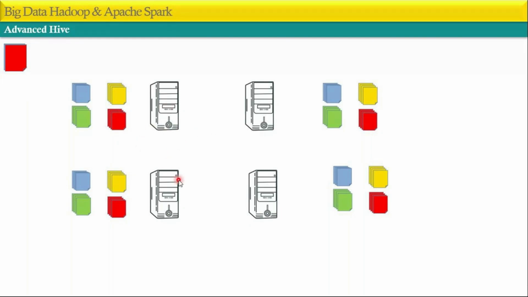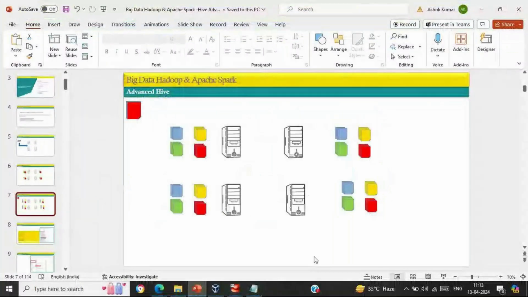And one point that I mentioned in the previous session: you need to do the partitioning or bucketization based upon the column where you need to perform the query multiple times. If you have done it based upon a column which is not required, that will not provide you any gain. Those things you need to keep in your mind. So this is the principle of how bucketization and partitioning work.